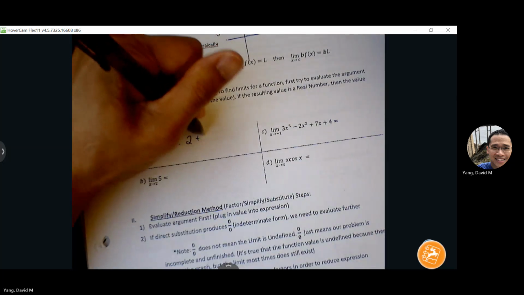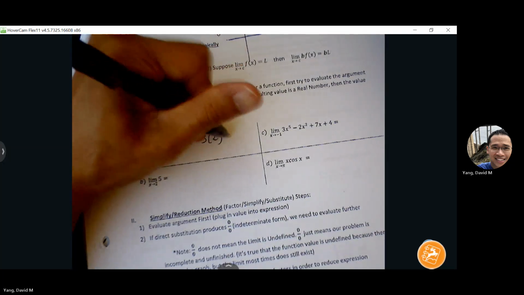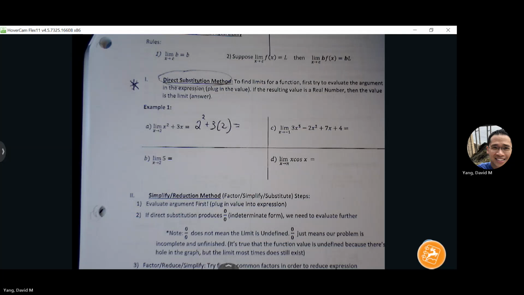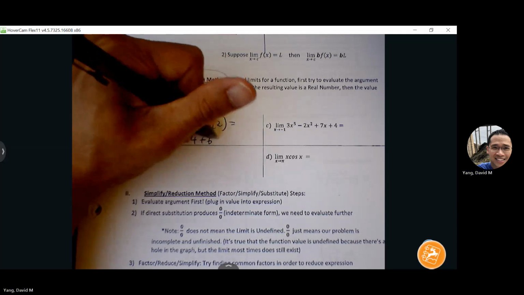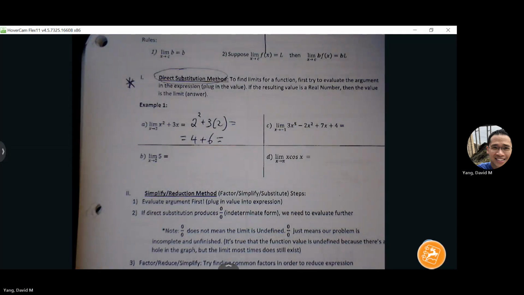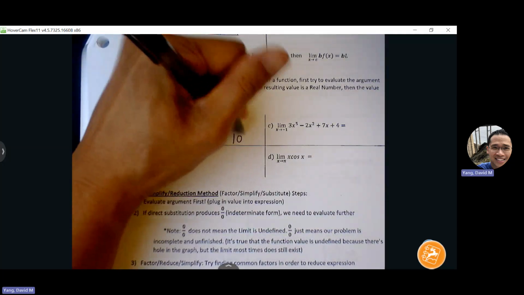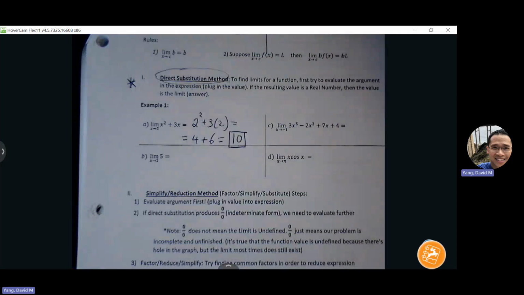Okay, 2 squared plus 3 times 2. That's our result. All right, 4 plus 6. 10, yeah. And that's a real number, right? So there's nothing more to do.